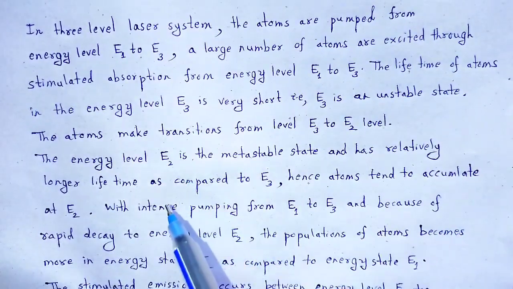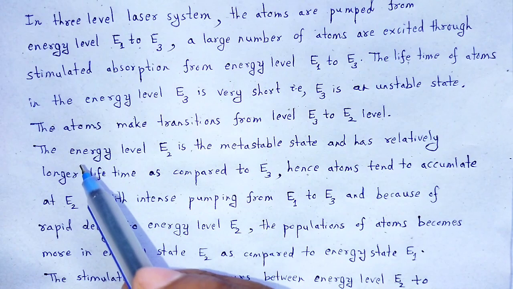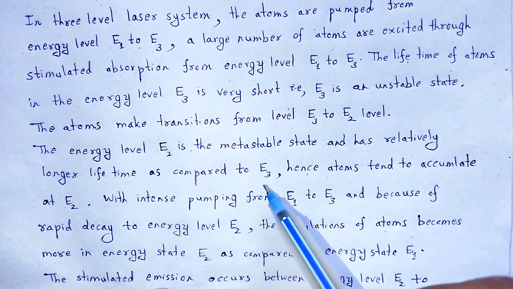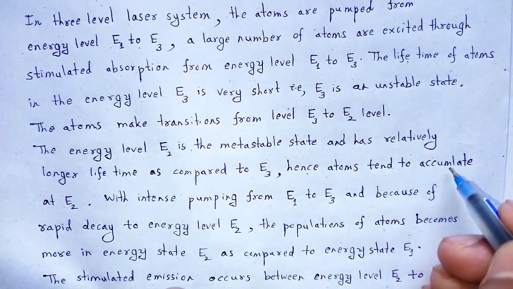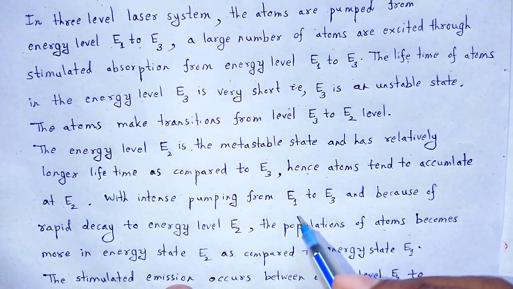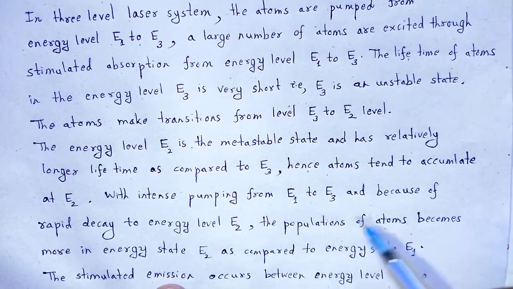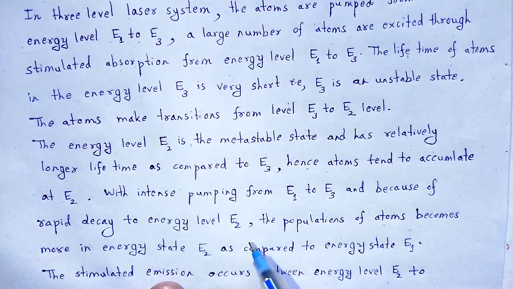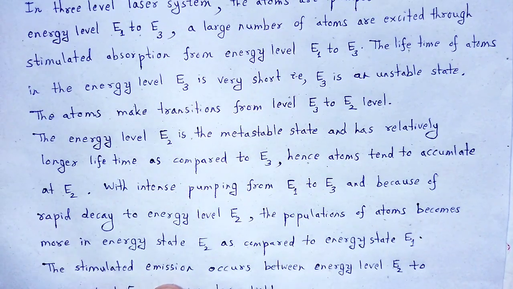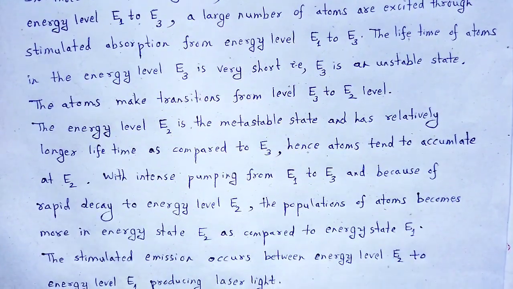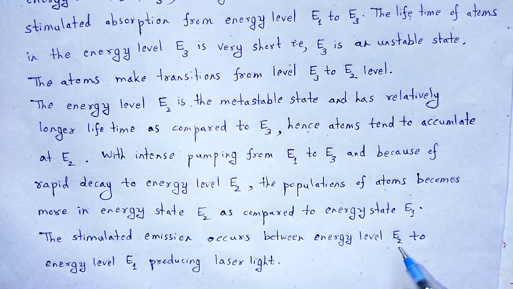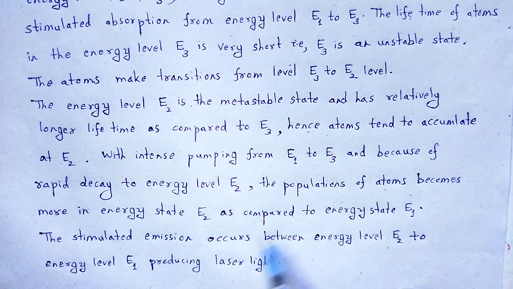The energy level E2 is the metastable state and has relatively longer lifetime in comparison to E3. Hence, atoms tend to accumulate at E2 with the intense pumping from energy level E1 to E3, and because of rapid decay to energy level E2, the population of atoms becomes more in energy level E2 in comparison to energy state E1.